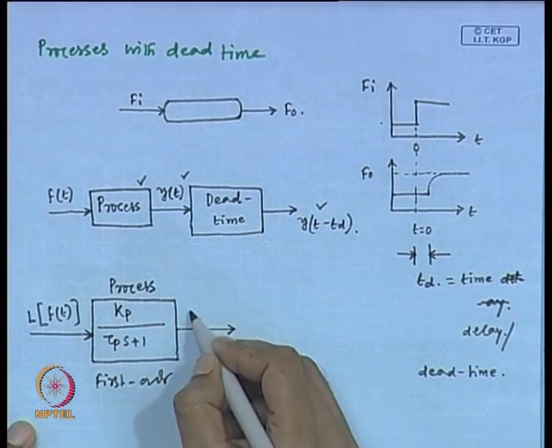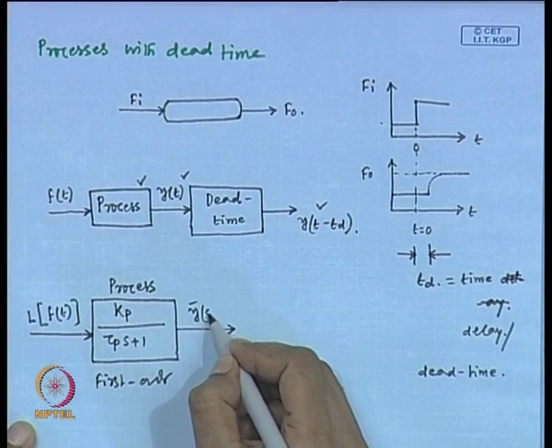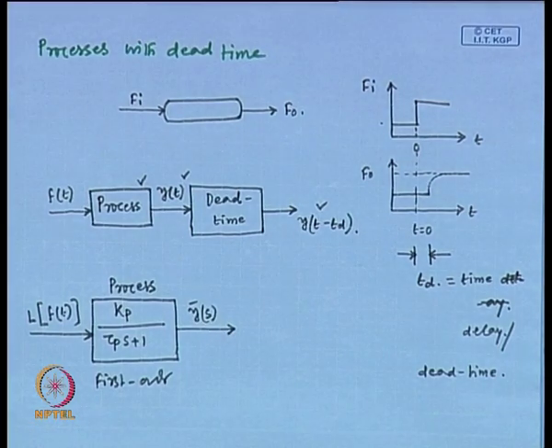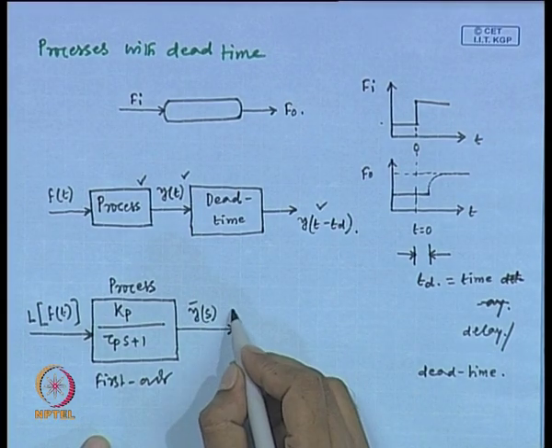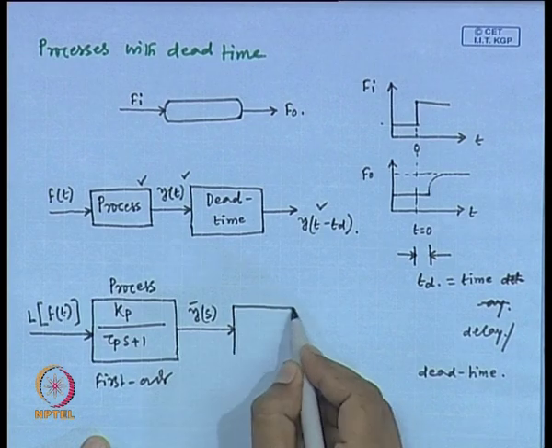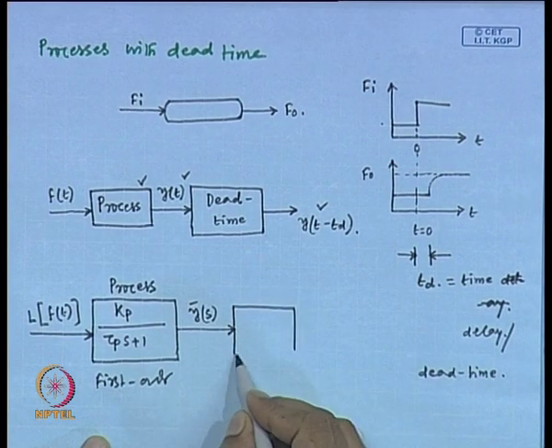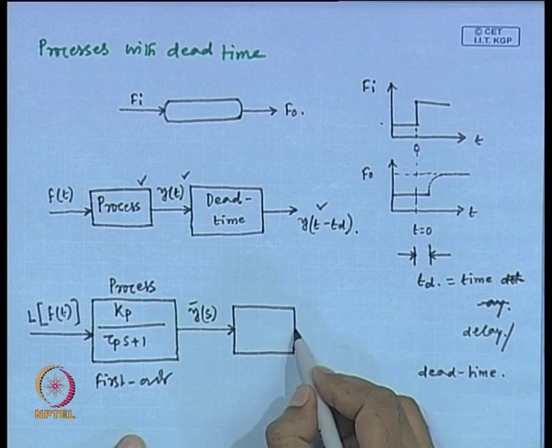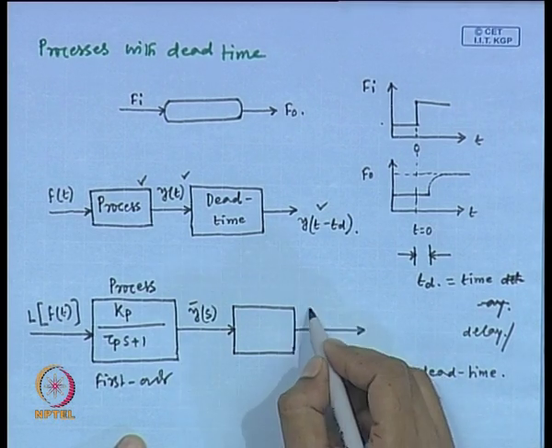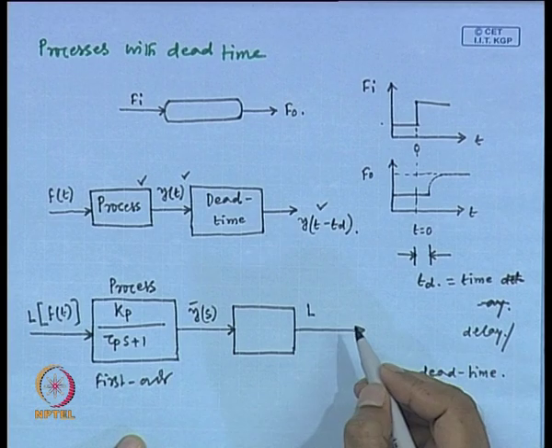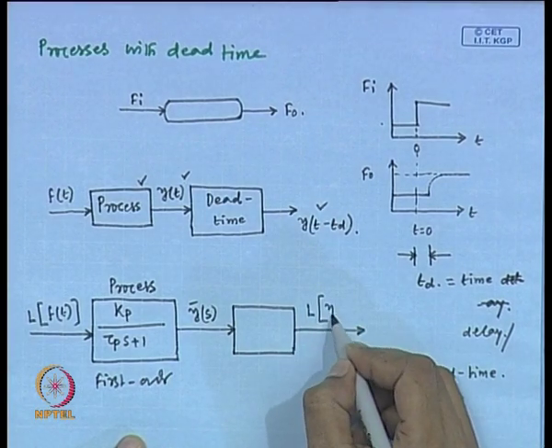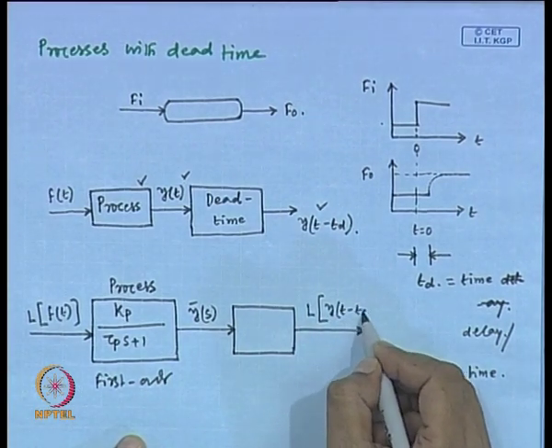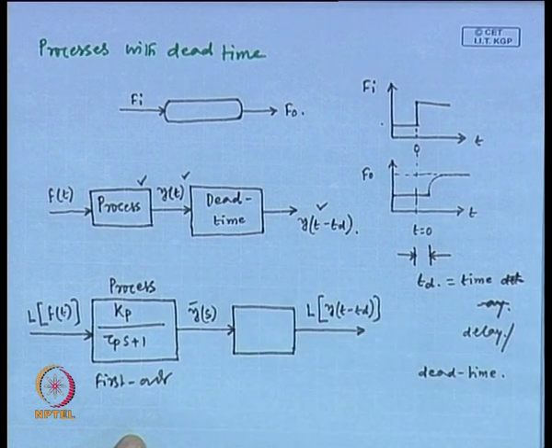Output of this process we can represent by y bar s, and this is the dead time block. Output we can write as Laplace transform of y(t minus td).